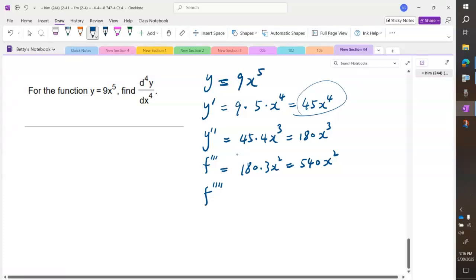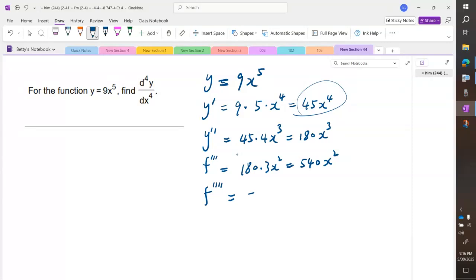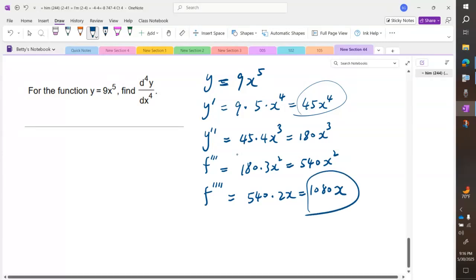The fourth derivative, keep going, 540 as the coefficient, keep it. The derivative of x squared is 2x. Twice of 540. This is the final answer.